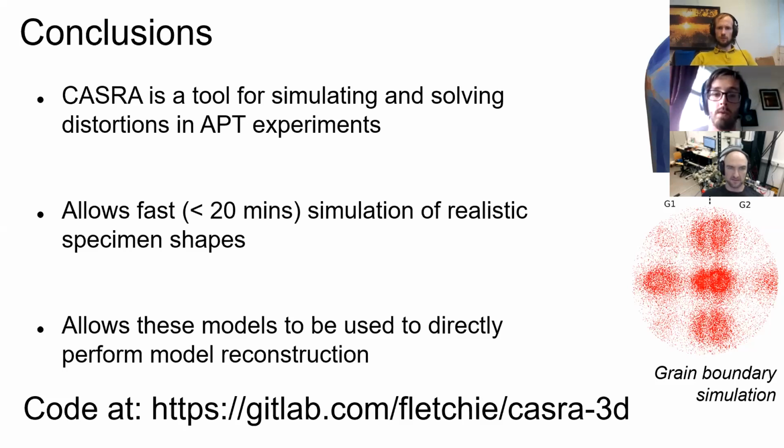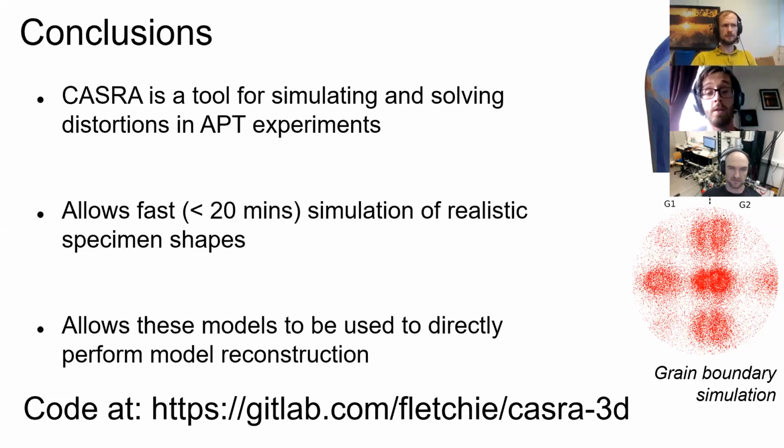So can you do iterative reconstruction to minimize error? It comes from Andrew Protein. So not at the minute. Currently the model assumes the geometry. So you can iteratively reconstruct varying the evaporation fields, but at the minute the geometry is fixed.